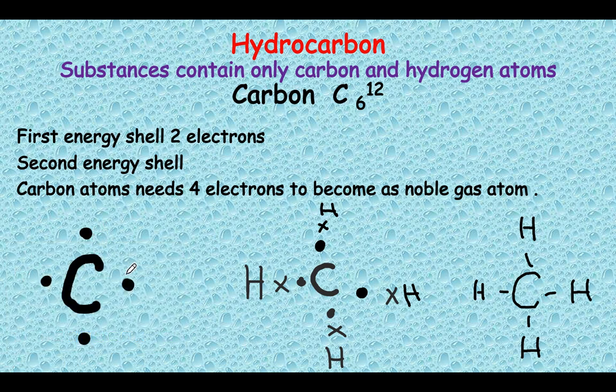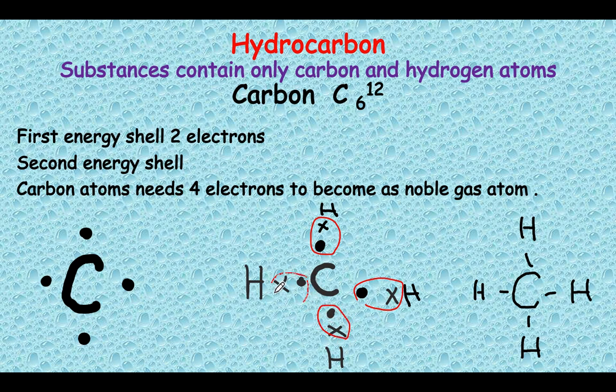So, in the last energy shell, the carbon atom is surrounded by 4 electrons, so it needs another 4 electrons to share and to make 4 covalent bonds, and finally we have a methane molecule.